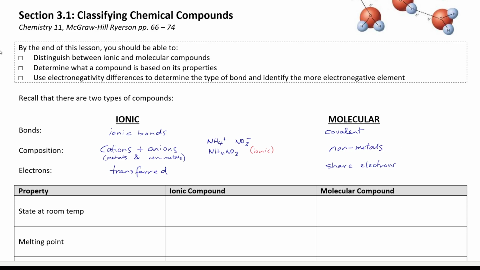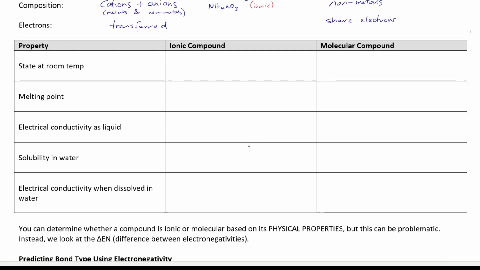Okay, so we have now distinguished between an ionic compound and a molecular compound. So that's the first lesson expectation completed. The property of an ionic compound, its state at room temperature, is a solid. At room temperature, it is a crystal. It has a crystalline structure.